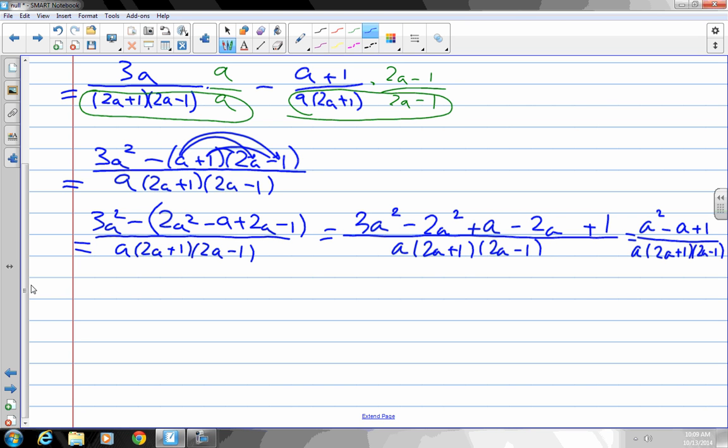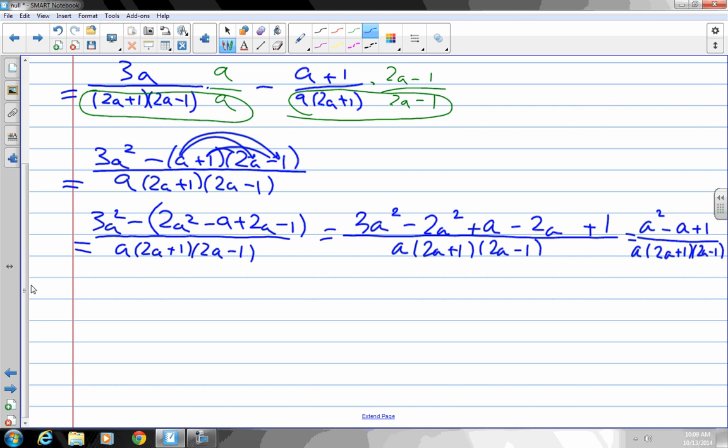When you combine like terms. Now, can I factor that numerator? Well, a plus 1 times a minus 1 gives you a squared minus 1. This is a squared minus a plus 1. How do we factor trinomials like that?